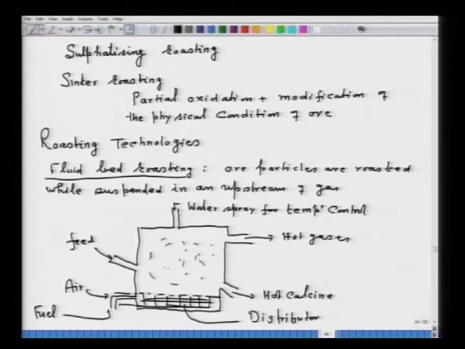In fluid bed roasting, the heat losses are relatively small, but the temperature can rise to a very high value. There are two ways: either you have a water spray, or the excessive temperature is controlled by controlling the excess amount of air, because when you use an excess amount of air, the nitrogen will take away the necessary heat, and so you control the temperature.